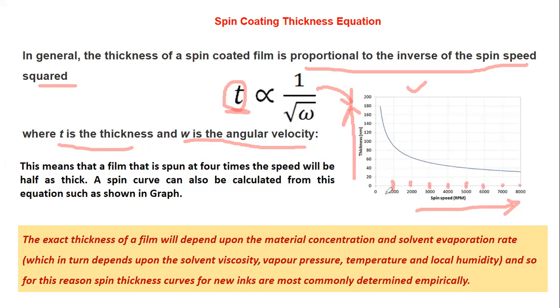If the rotation speed is only 500 RPM, the thickness of the thin film is very high, around 180 nanometers, as we can observe here.